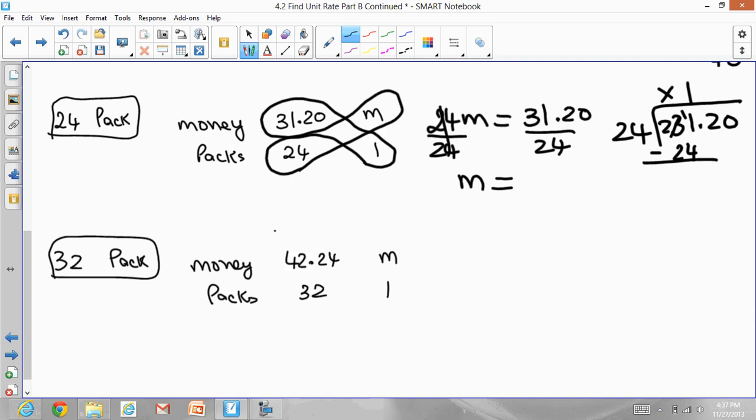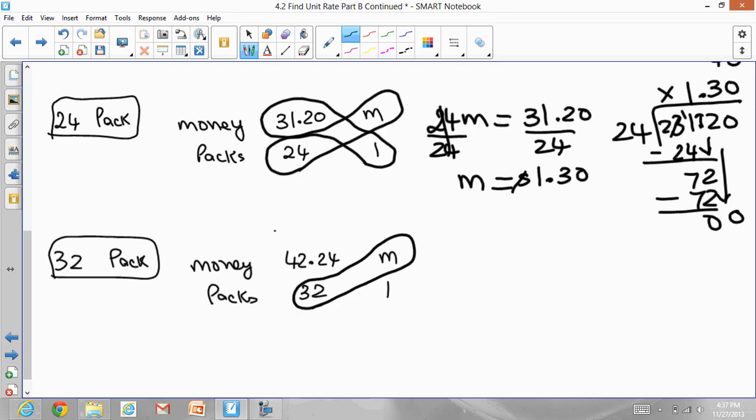You need to borrow. So that'll be 4, 5, 6, 7, 8, 9, 10, 11, 7. Decimal point straight up. 2 comes down. 24 goes into 72 3 times. 72, bring the 0. 24 goes into it 0 times. So this will be $1.30 for one pack.